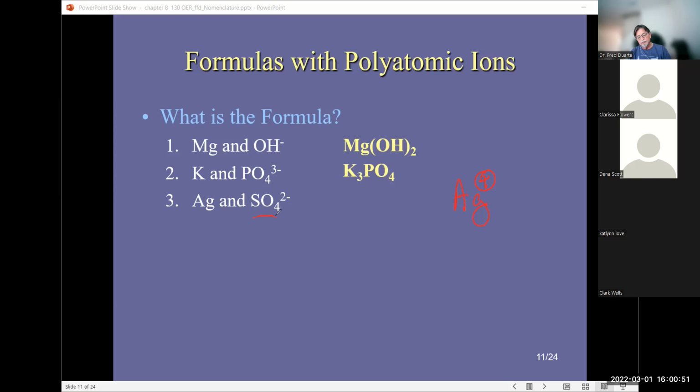The sulfate has a -2, so that means we're going to use 2 silver cations. So its formula would be as follows: two silvers, and then the SO4. You'll find that SO4 quite common in a lot of foods that we eat, like sodium sulfate.